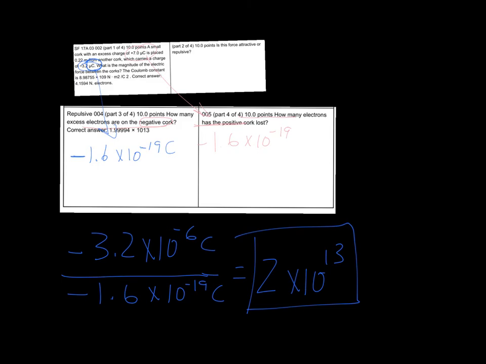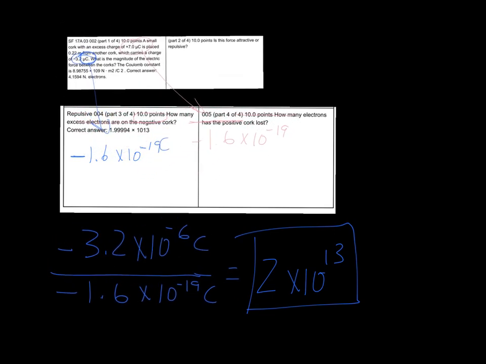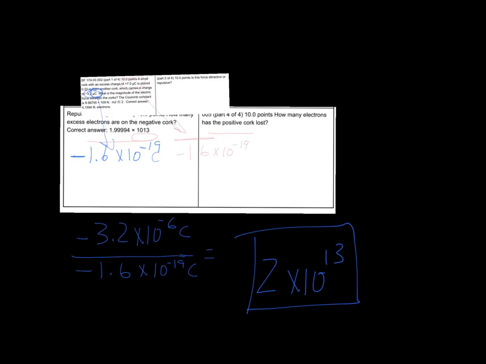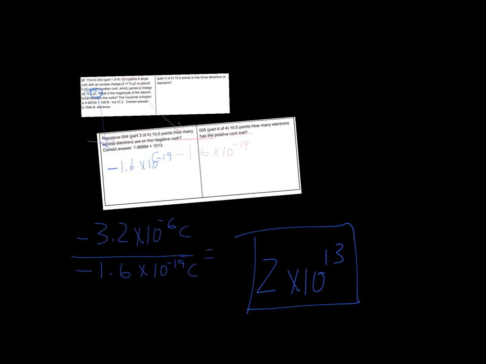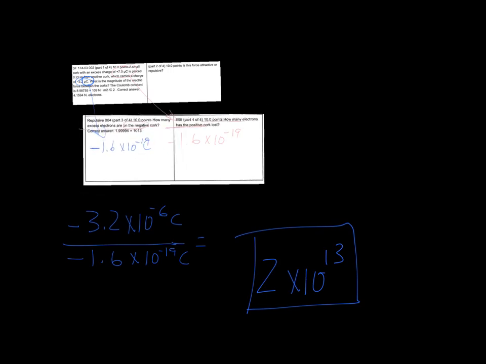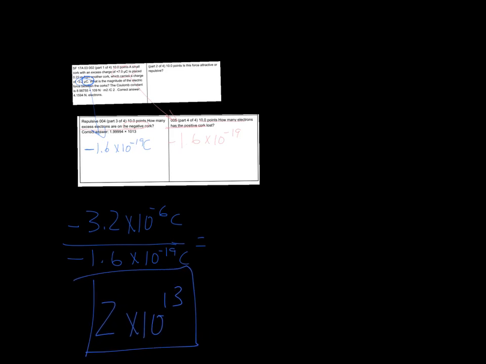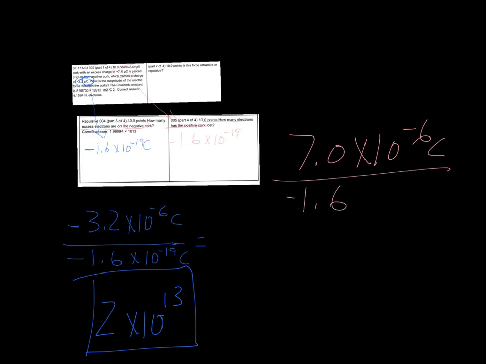It'll be done in red, so let me go ahead and minimize this one and this one. We'll minimize these here so we don't get confused. Okay. And that's the answer there. I'm going to go ahead and do the red side over here. We had a positive 7.0 times 10 to the negative 6 coulombs, and we're going to divide that by negative 1.6.